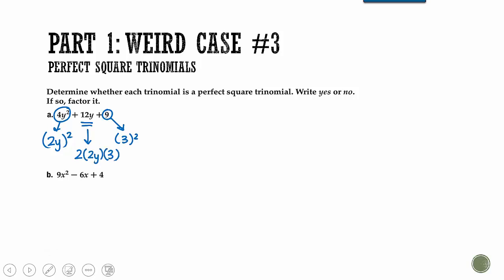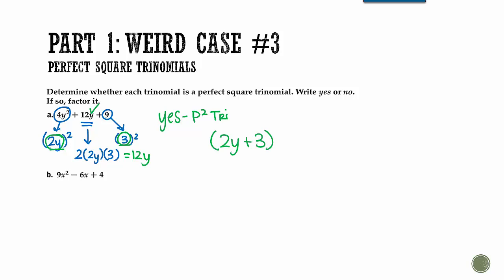So remember, we're getting the 2y from here and the 3 from here, and then we have to double it. So this would give me 2 times 2 is 4, times 3 is 12y, which is what we have here. So yes, this is a perfect square trinomial. So because of that, these 2 things right here are going to be what we get when we factor it. If I factor it, it's going to be 2y plus 3 all squared.